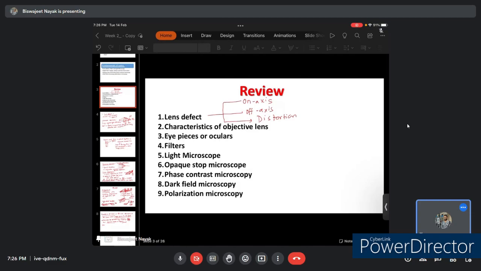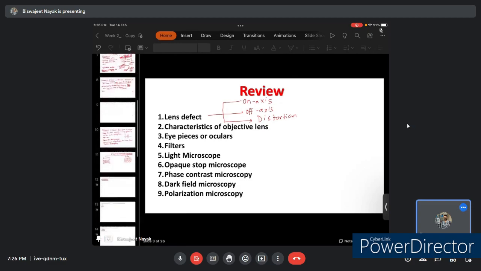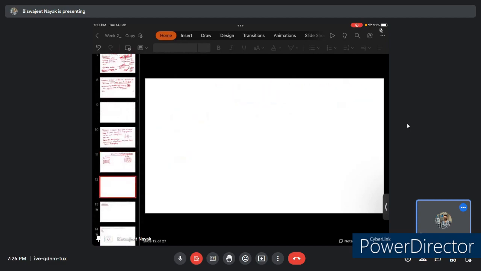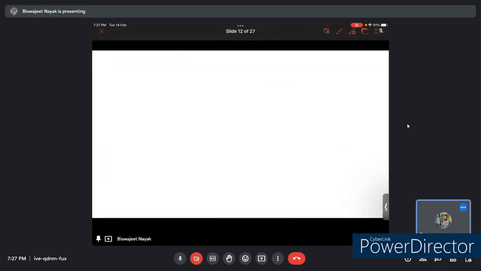So what are the different types of objective lenses?